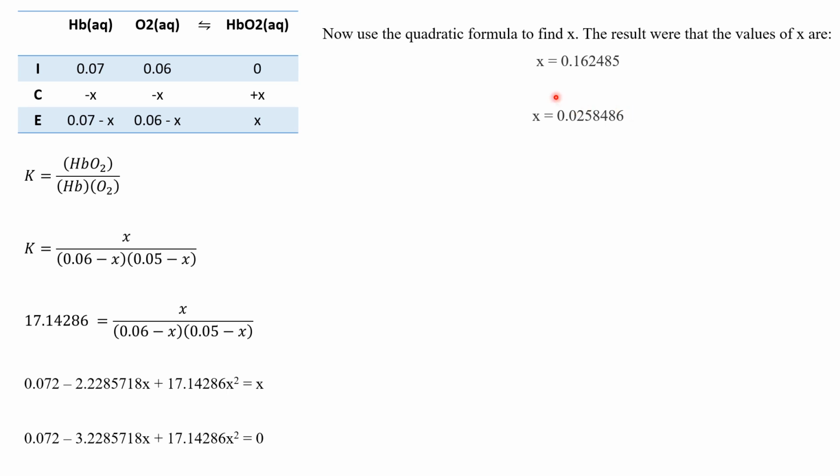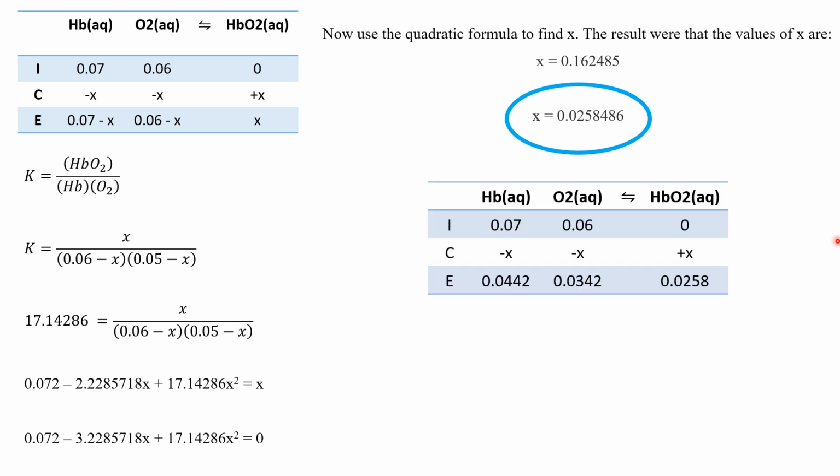Well, 0.16 is larger than both of our initial concentrations of hemoglobin and oxygen. So we know that 0.0258 must be our value for X. All right, now that we have the value of X, let's put that back into our ice table and solve for the equilibrium concentrations. Wonderful.